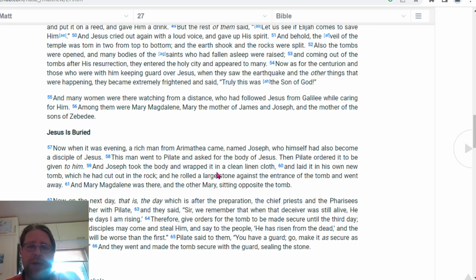So Jesus' body was taken and placed in a rock, in a cliff face, and a stone was rolled over. So all the references to stones being rolled over in scriptures, they're all pointing to Messiah. Jesus gets buried in a rock, in a mountain, and a stone was rolled over. And I'm going to point out the mountain and the stone again.